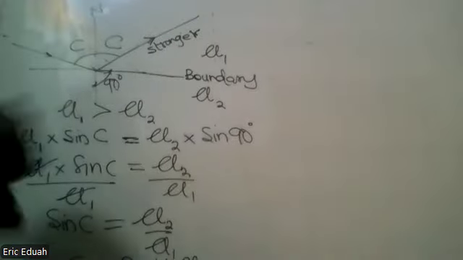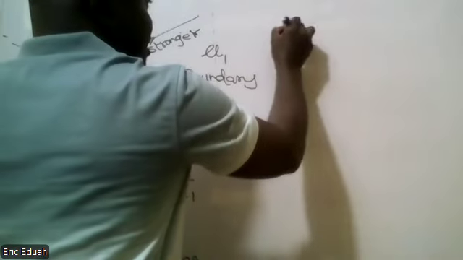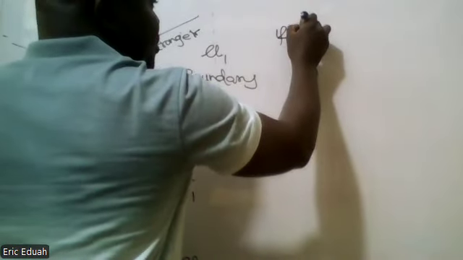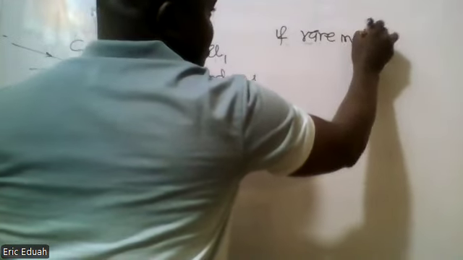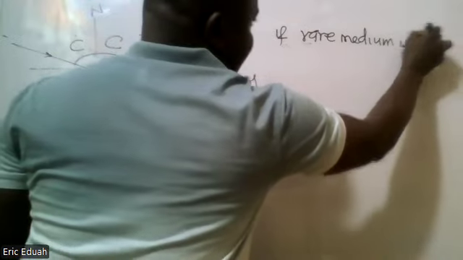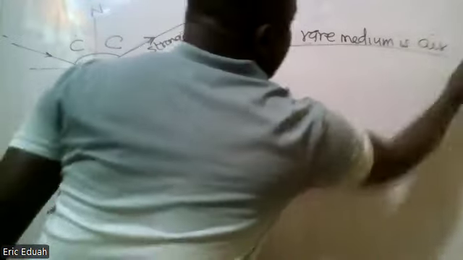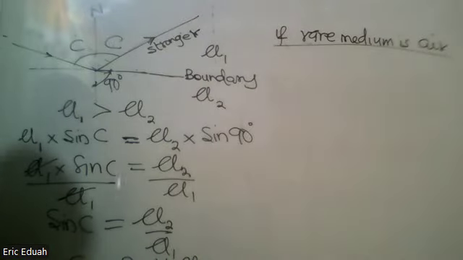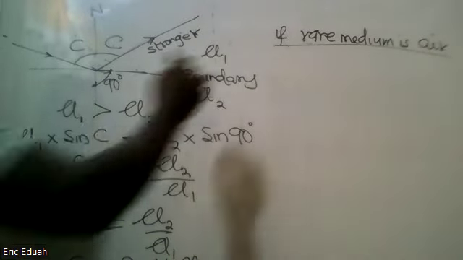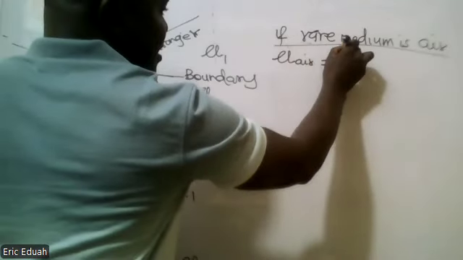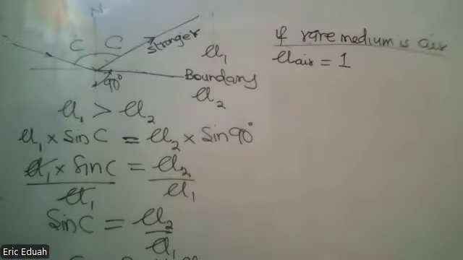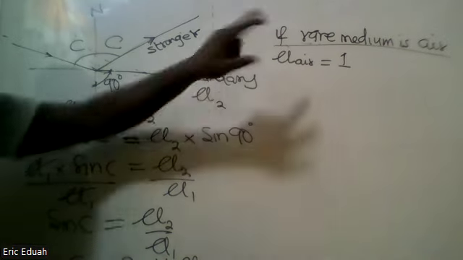If the rare medium or less dense medium is air, the refractive index of air and vacuum is 1.